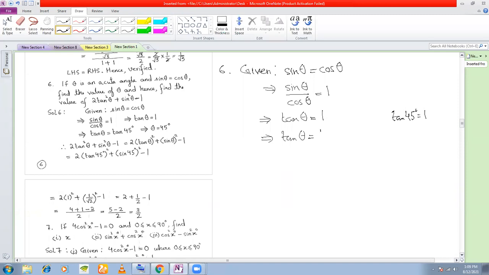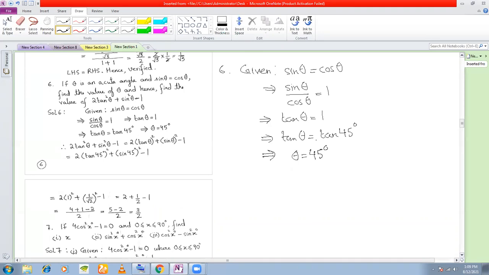So therefore, instead of this one, I can write here tan 45 degree. Right? Can I write this way or not? Yes, sir. That means now I can write theta is equal to 45 degree.